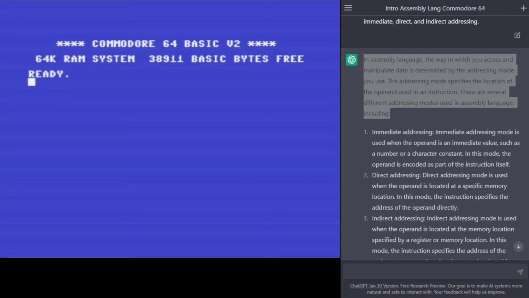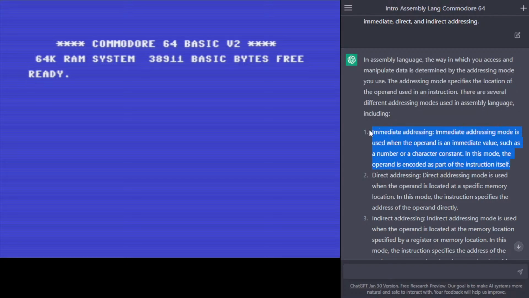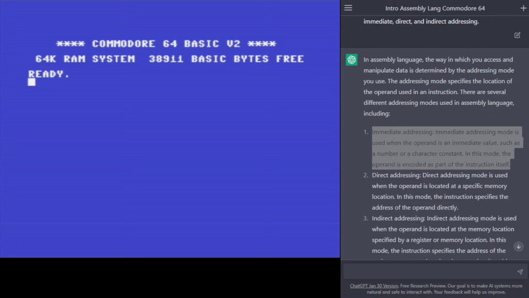There are several different addressing modes used in assembly language, including immediate addressing. Immediate addressing mode is used when the operand is an immediate value, such as a number or a character constant. In this mode, the operand is encoded as part of the instruction itself.